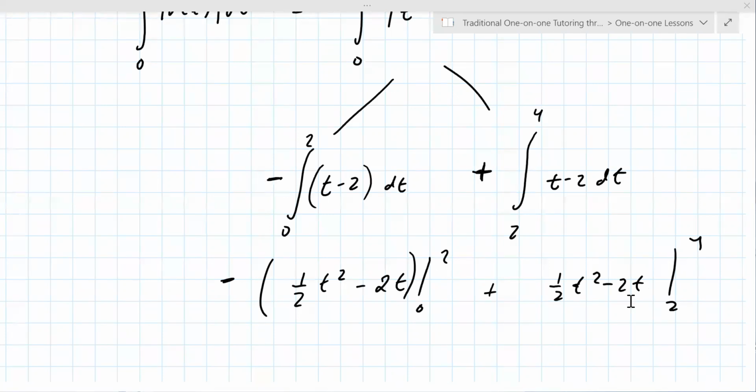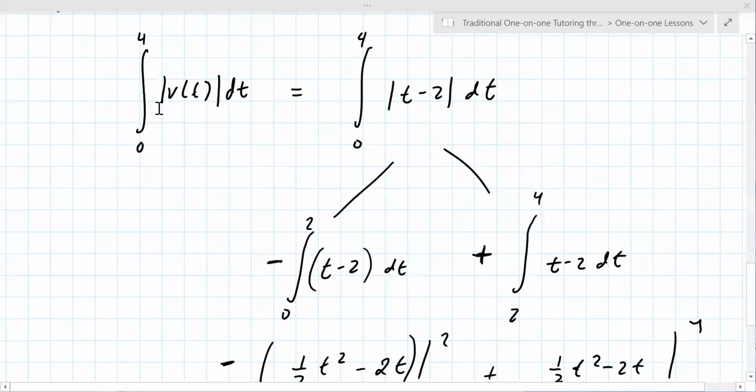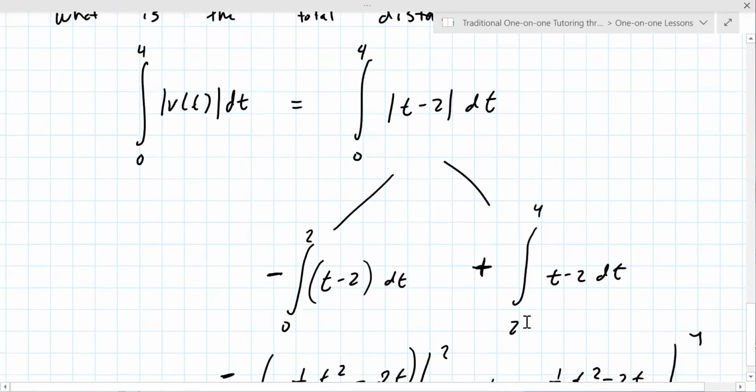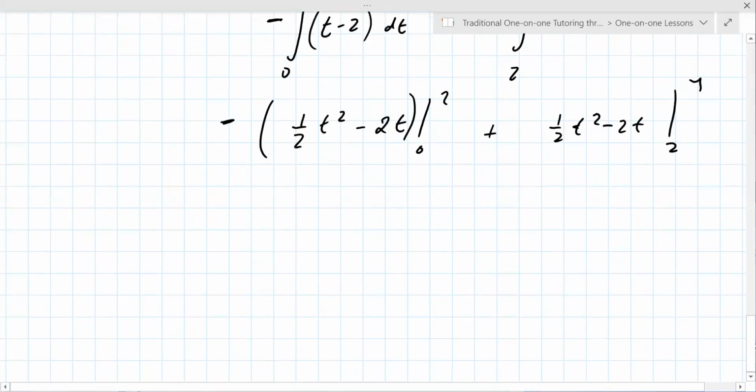The reason I wasn't writing anything down is because we know just from the picture. Sorry, this thing got stuck here. From the picture, we know it's the area of this triangle. The one on the left needs to be 2. So yeah, I got 2 on the left. But inside here, it's somehow this was negative 2, hopefully. Yeah. Okay, so that's 2 plus, and then over here it's 1/2 of 4 squared minus 2 times 4, minus 1/2 of 2 squared minus 2 times 2.